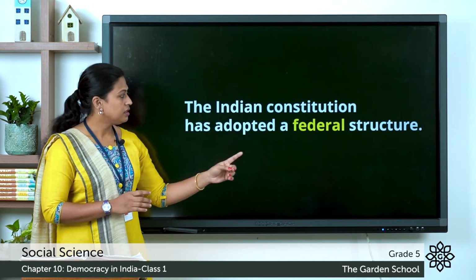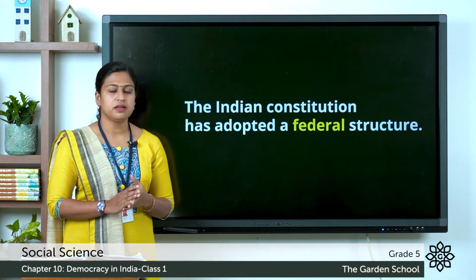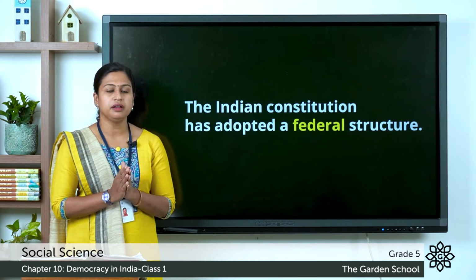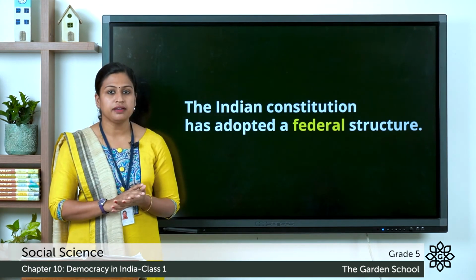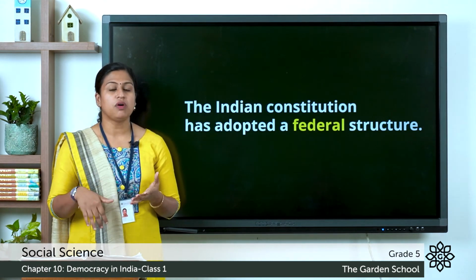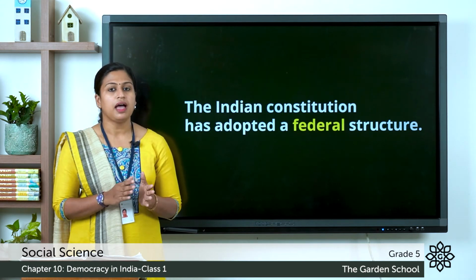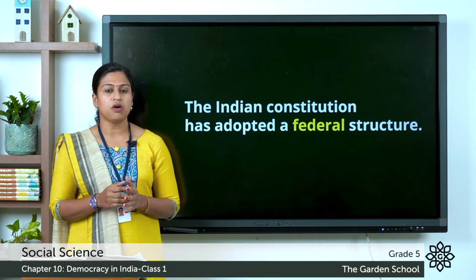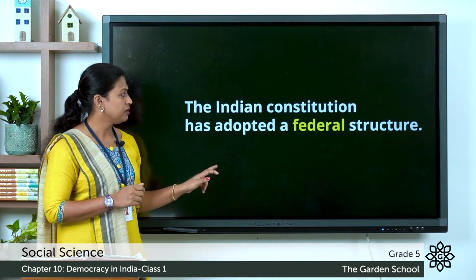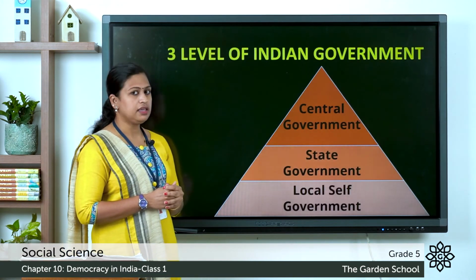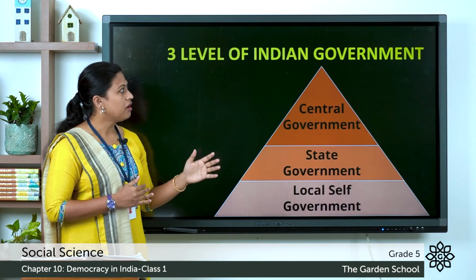Here, federal structure means the power has been divided between the central government, which looks after the entire country and makes laws for the entire country, and the state government, which makes laws for that particular state.